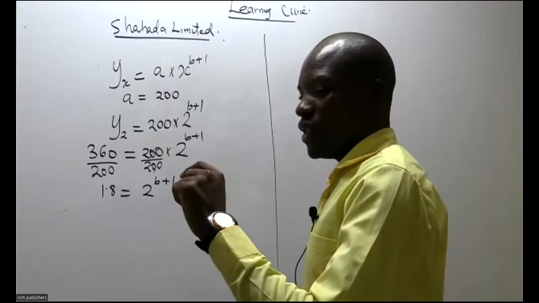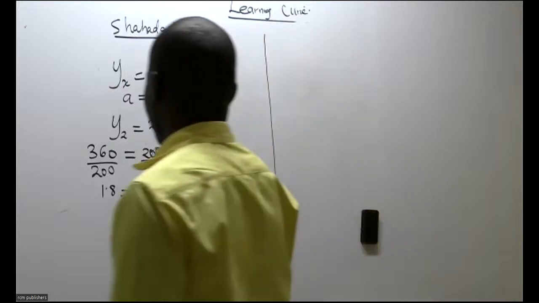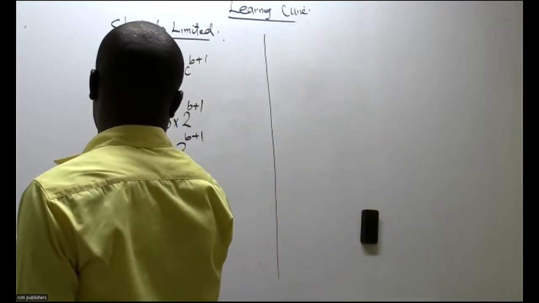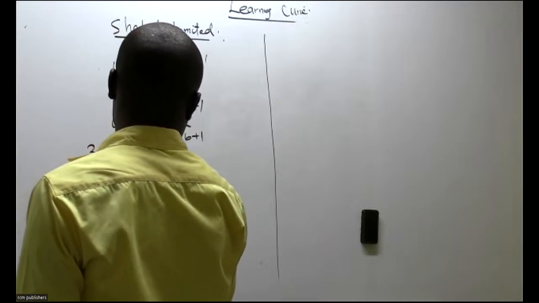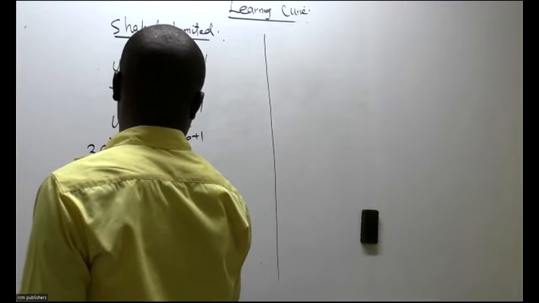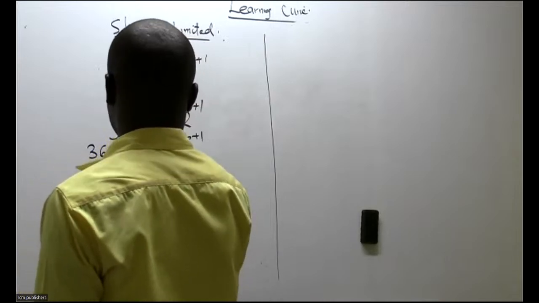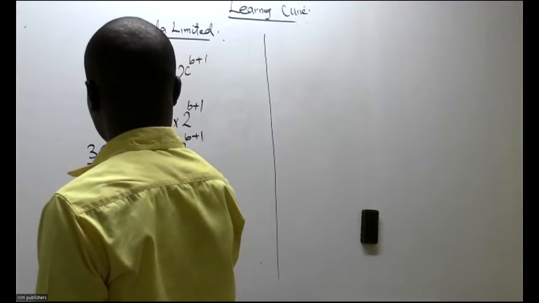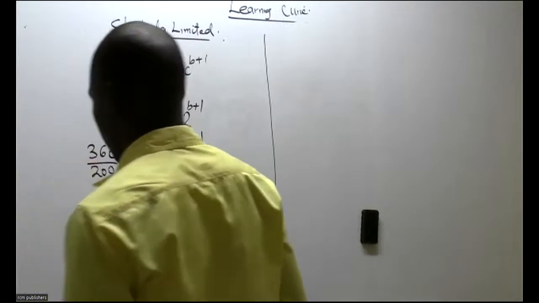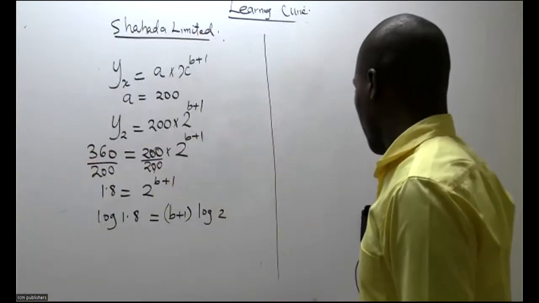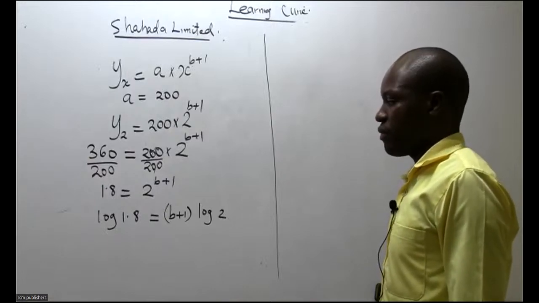For me to work out this one in a simple way, introduce log. So I will say, this other side, basically you say B plus 1 log 2 is equivalent to log 1.8.